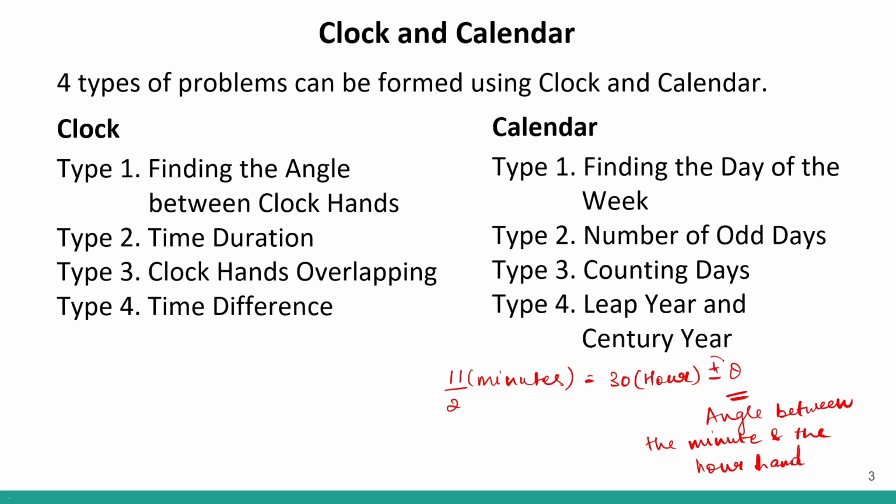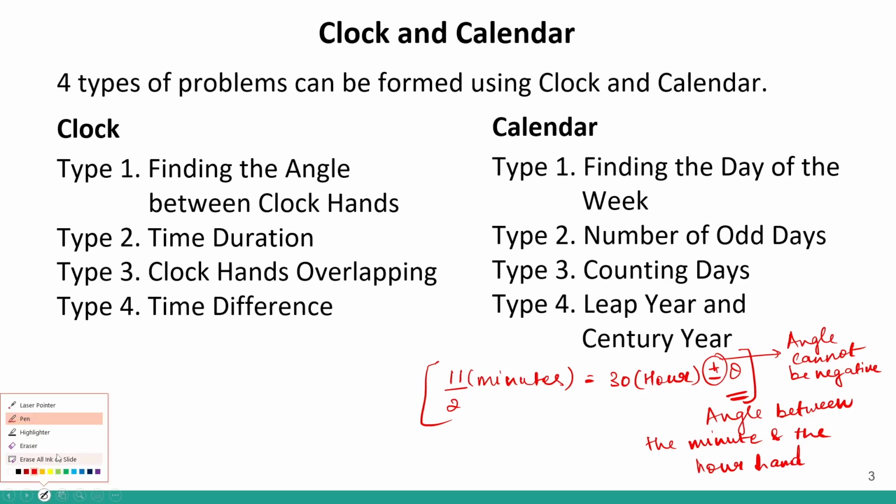And why plus and minus? Because we have to ignore the value of theta, whether it is plus or minus, because angle cannot be negative. So this formula was used to solve maximum questions on clocks, correct?